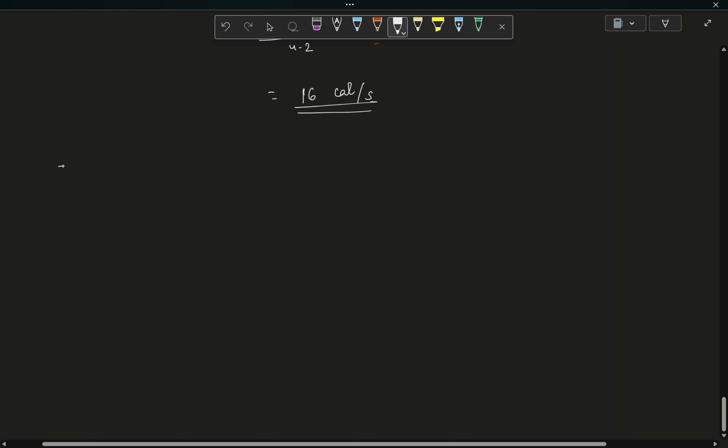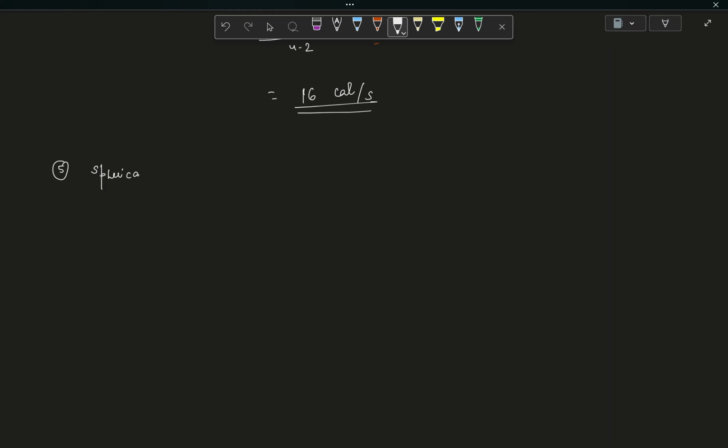So question number 5, we have a spherical shaped black body, and it has a radius r of 12 centimeter, right? So r of 12 centimeter, which is like 12 into 10 to the power of minus 2 meter.